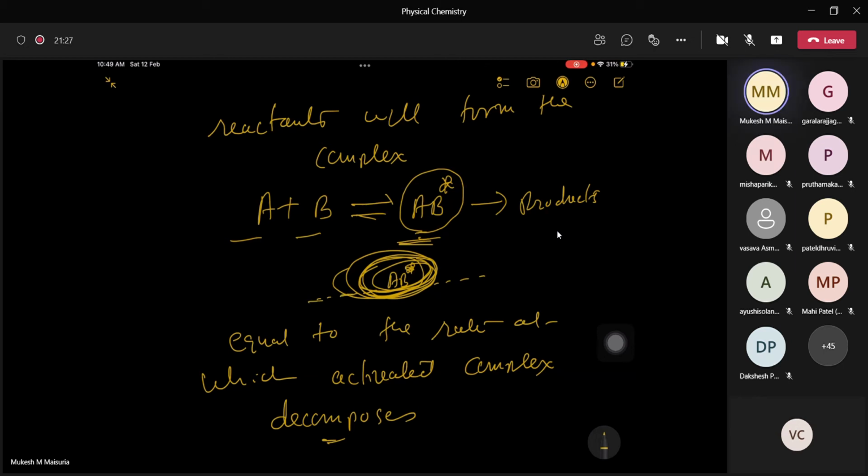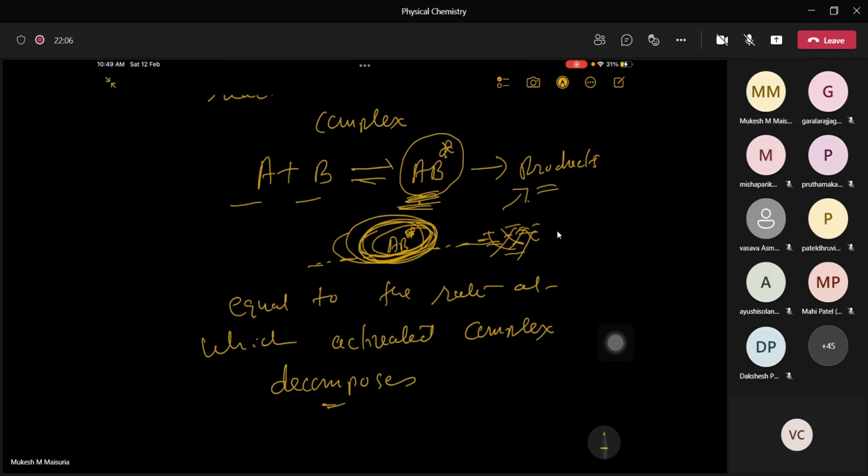It vibrates, and if this vibrational energy breaks the bond, it is converted into the products. Understand? So what does this rate depend on? It depends on the rate at which the activated complex decomposes and converts into the product.